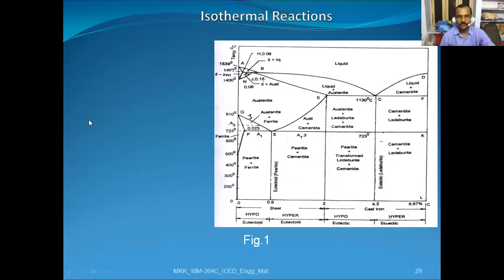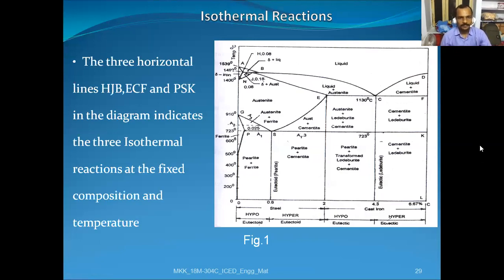Now let us move to the isothermal reactions. The three lines HJB, ECF, and PSK.